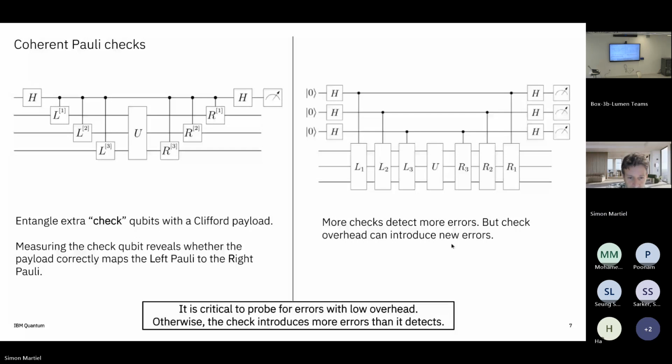So it's really critical here to reduce the gate overhead in order to efficiently probe for errors. Because if we add too many gates when we try to detect errors, we'll end up adding more errors than we actually detect, and we'll end up making things worse than before, and discarding shots where we introduced errors instead of removing them. So we need to be smart in the way we implement those checks.